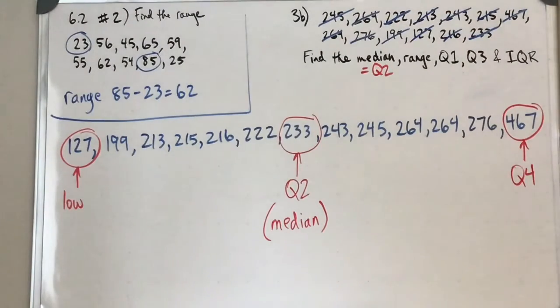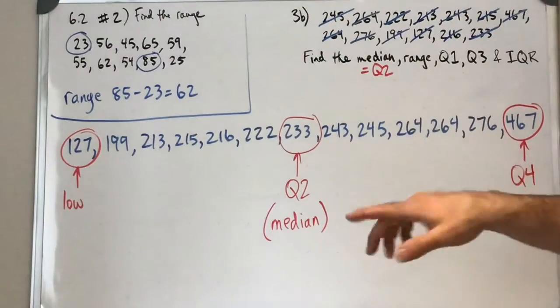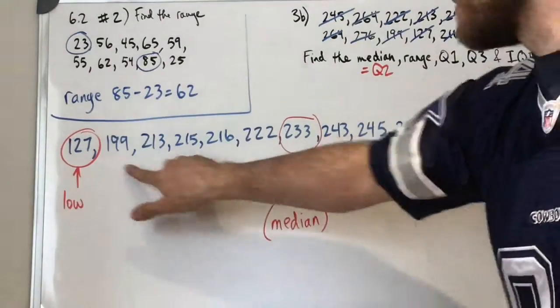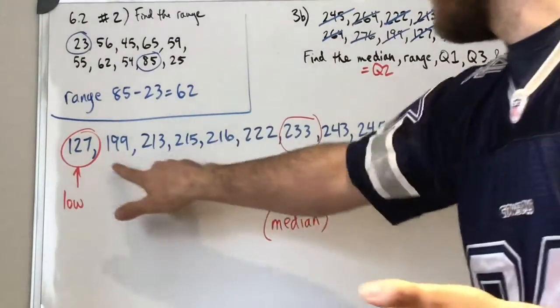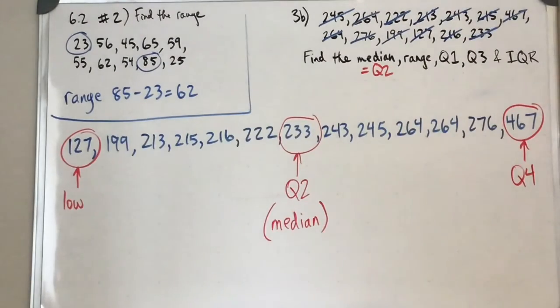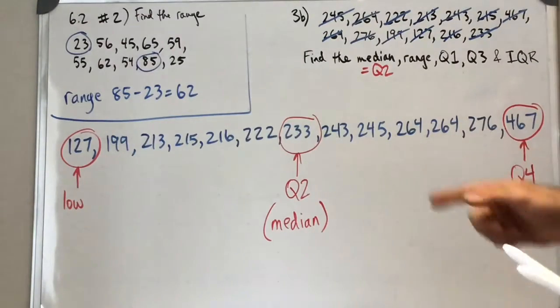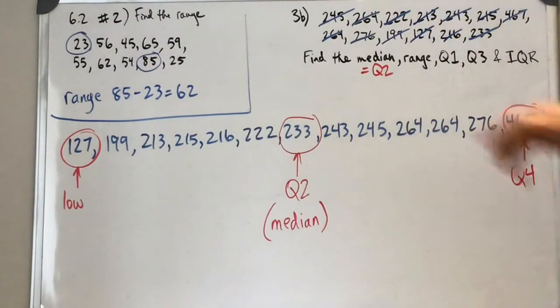So out of our 13 numbers, it's our 7th entry. And the quick thing I was looking over here is that you just want to make sure you've got the same amount on both sides after you identify your median. So we've got 5 values here, we've got 5 values here. So it's looking pretty good so far. So there's our Q2. Our range we'll get to.